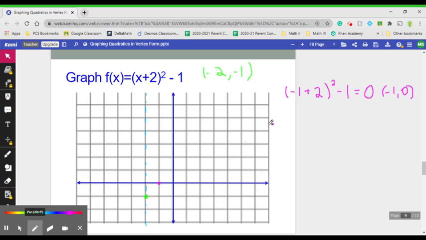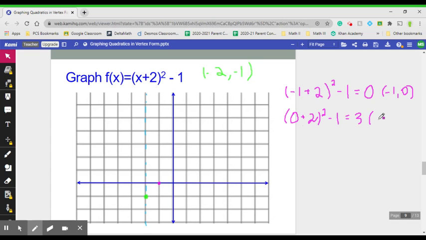And then I'm going to plot my y-intercept. So I would put a 0 in for x. No, 0 plus 2 should be in the parentheses. And we're going to square that minus 1. So I would have 2 squared is 4 minus 1 is 3.